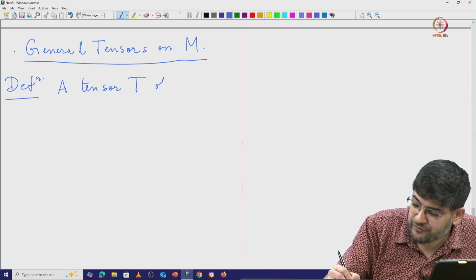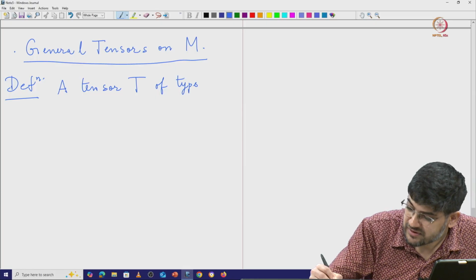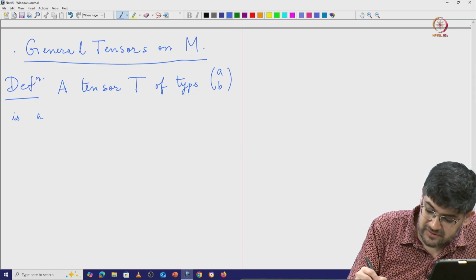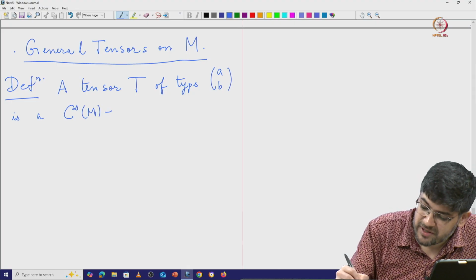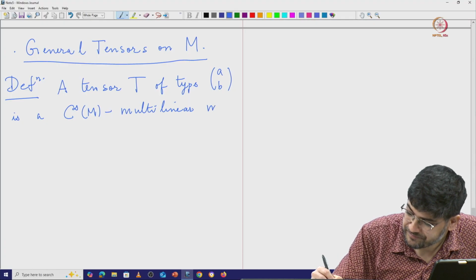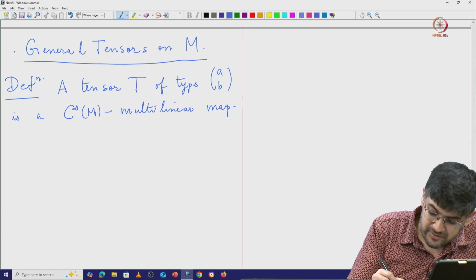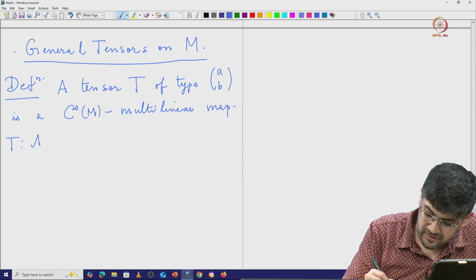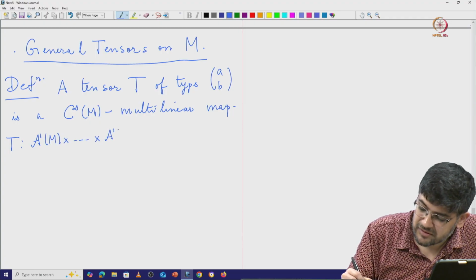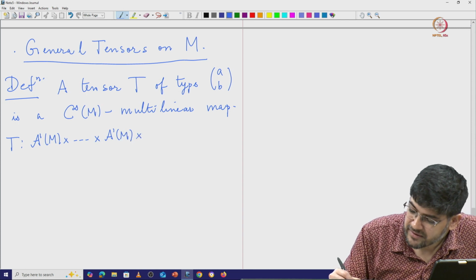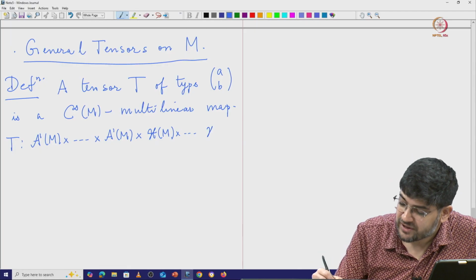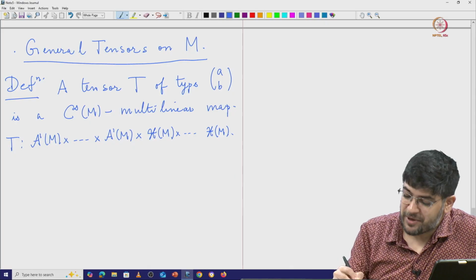A tensor T of type (a, b) is a C infinity of M multilinear map on a bunch of one forms and a bunch of vector fields.